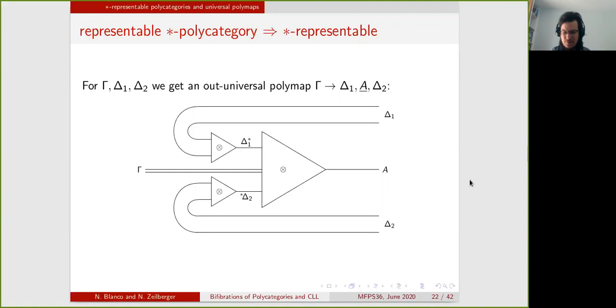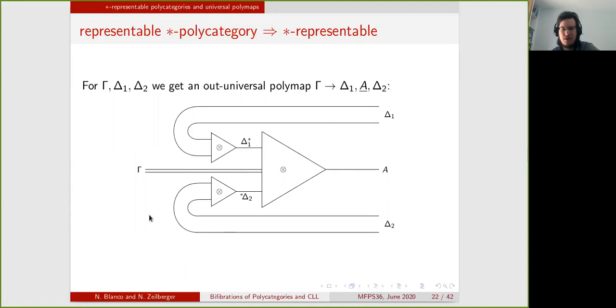And how does this work? So if you give me the typing of the map except for one object, I want to derive this object and an out universal polymap for it. So the way that we do that is that we use a cup to take all the outputs and put them into inputs by starring them.